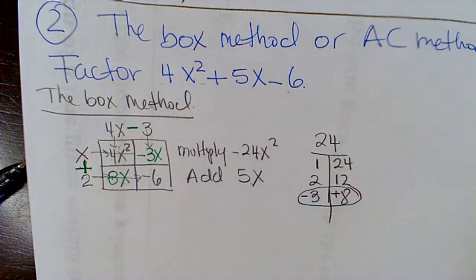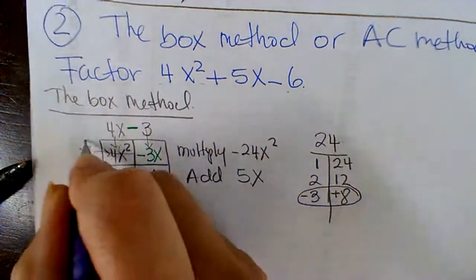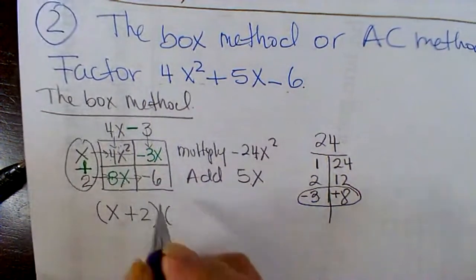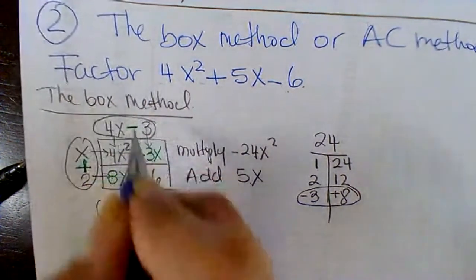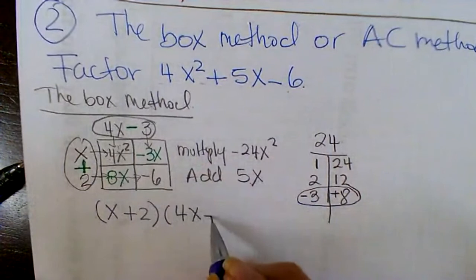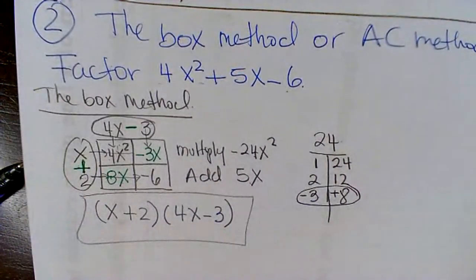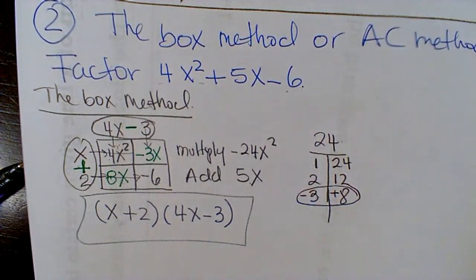So my two terms are x plus 2 and 4x minus 3. That's it. That's the box method.